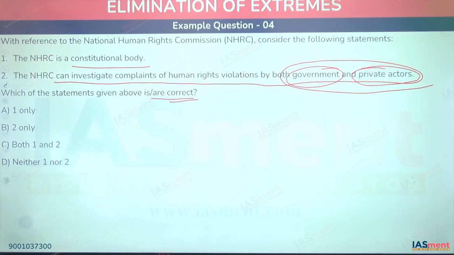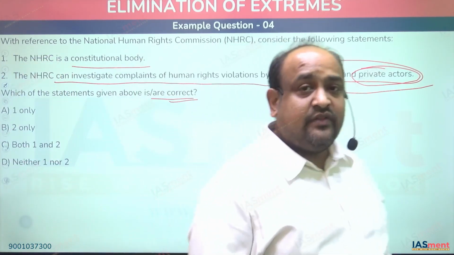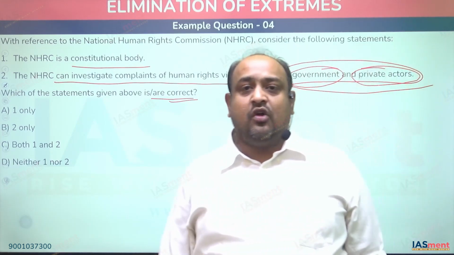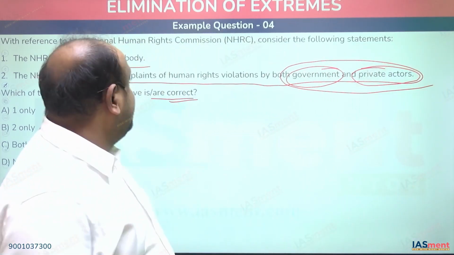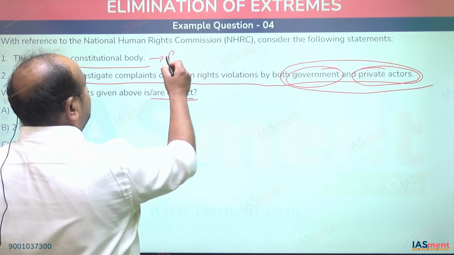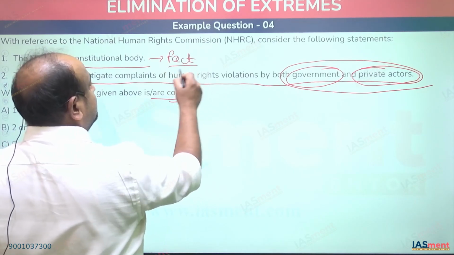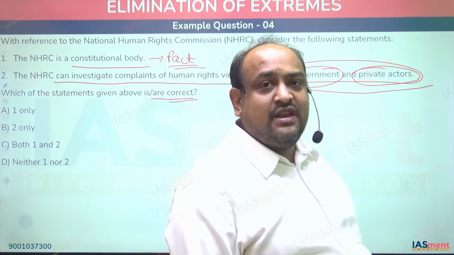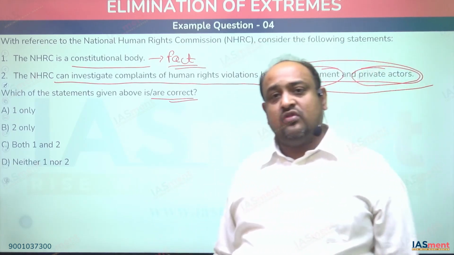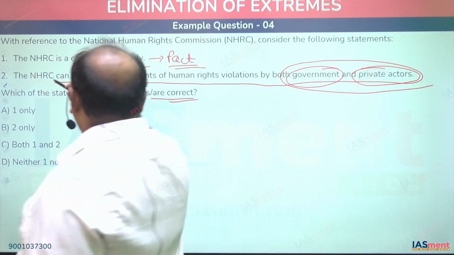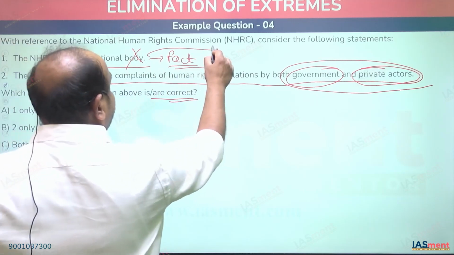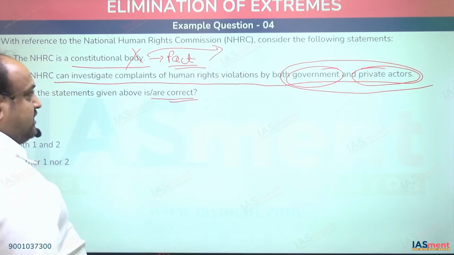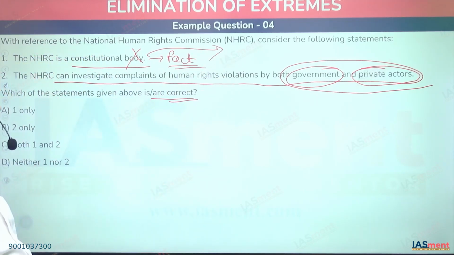Now see, if we don't know the things, then also we can apply some logic. The first statement is fact-based. This type of statement comes under the scenario that either you know or you don't know. The first statement is wrong because it is not a constitutional body, right? It is a statutory body.